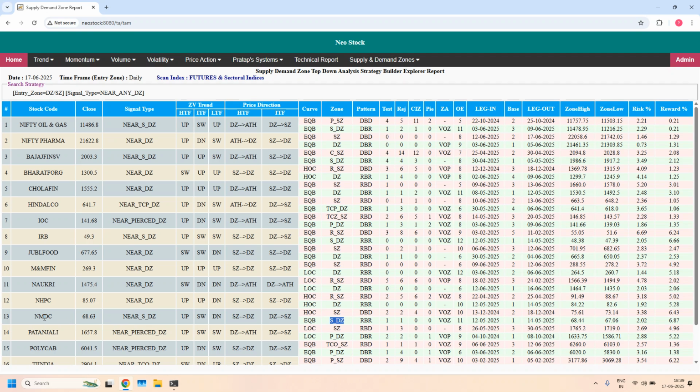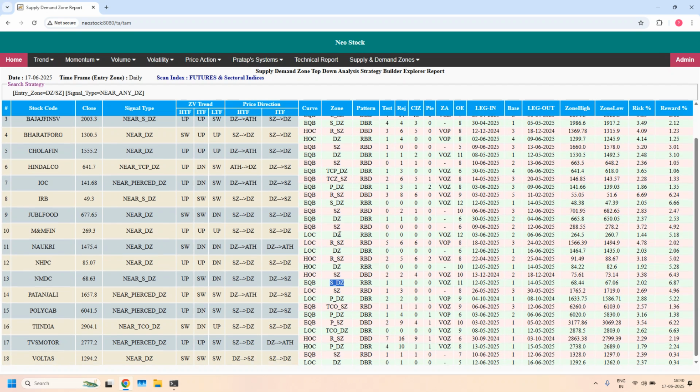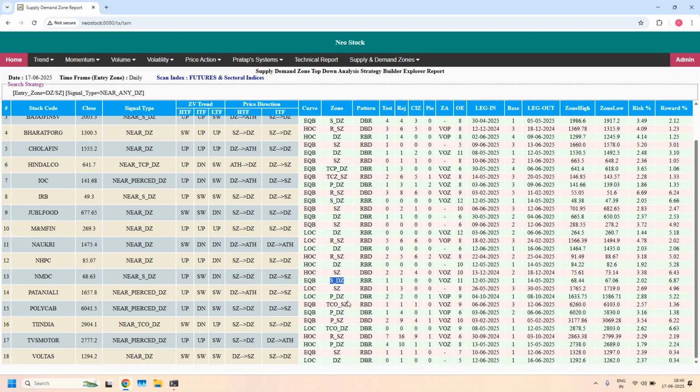Next one is NMDC. NMDC is having a daily high liquidity demand zone. That's it. We have identified 4 daily high liquidity demand zones from this list.